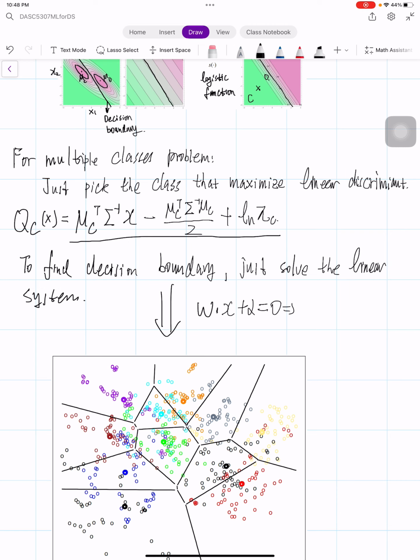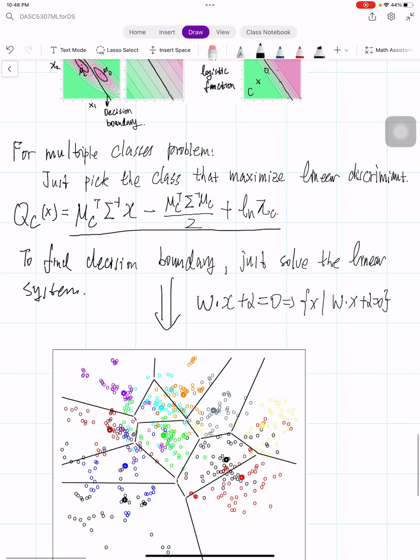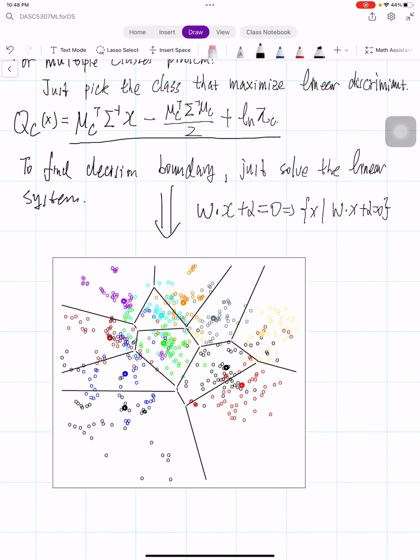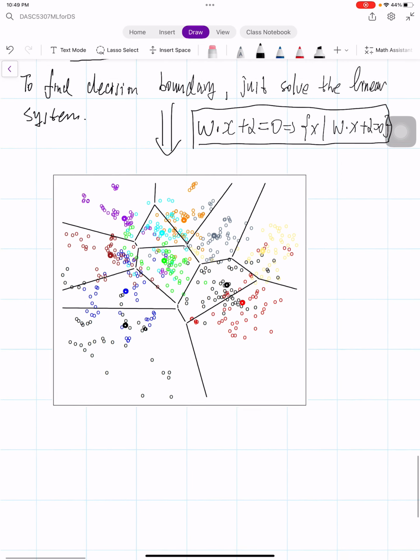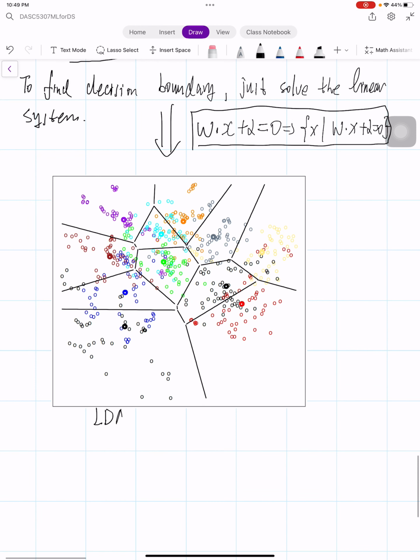You can easily solve for the decision boundary. This plot shows the classification. This is LDA, linear discriminant analysis, for classifying digits 0, 1, 9.